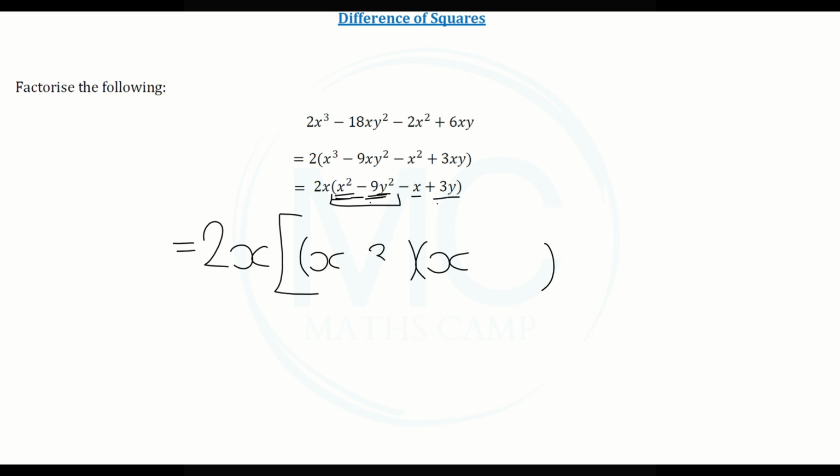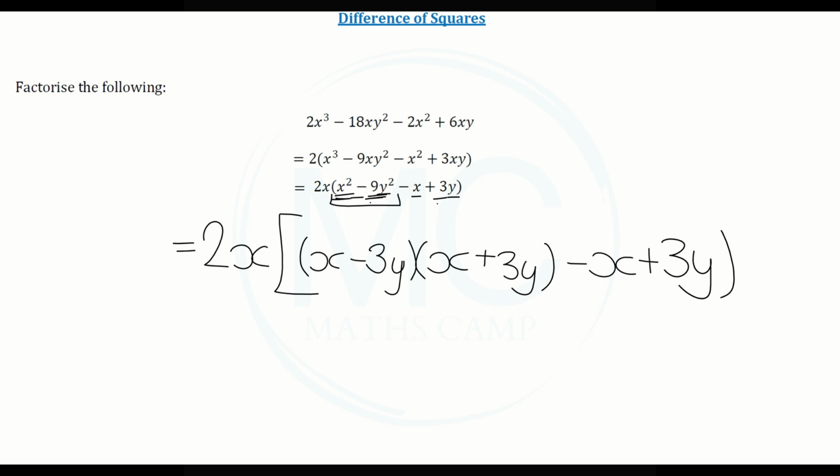So I have 3 over here. And the square root of y squared is y. So I have 3y over here and 3y over here. Let's separate these terms with a minus sign and these with a plus. And then we still have negative x plus 3y. And we can close our bracket.